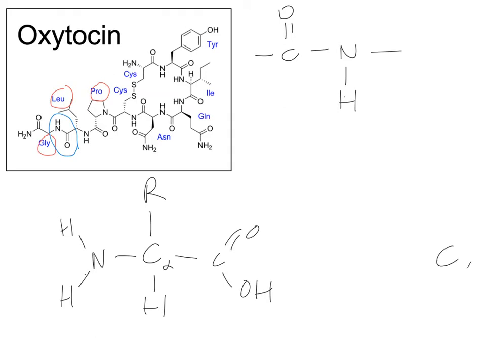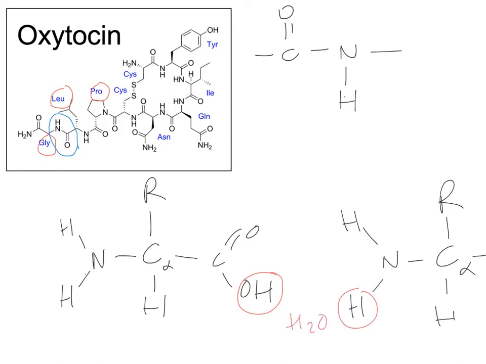So if we have a second amino acid coming in here, then there's our amino group. Again, we've got another R group, and we've got another H. The carboxylic acid is off the other side. So what we get is a reaction happening between these two molecules. So what we end up doing is we end up losing that OH and that H to become H2O.